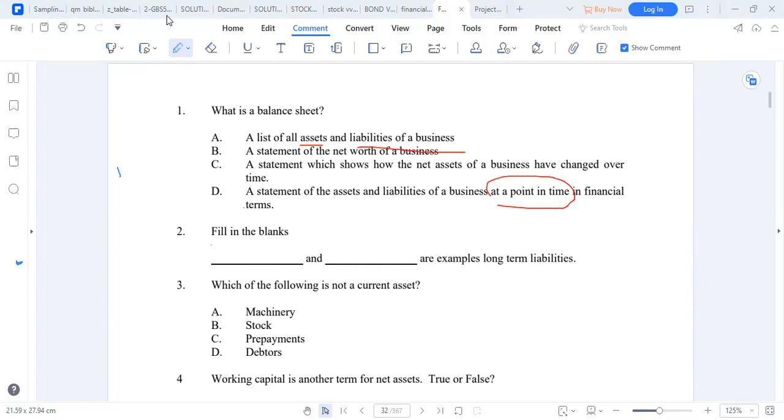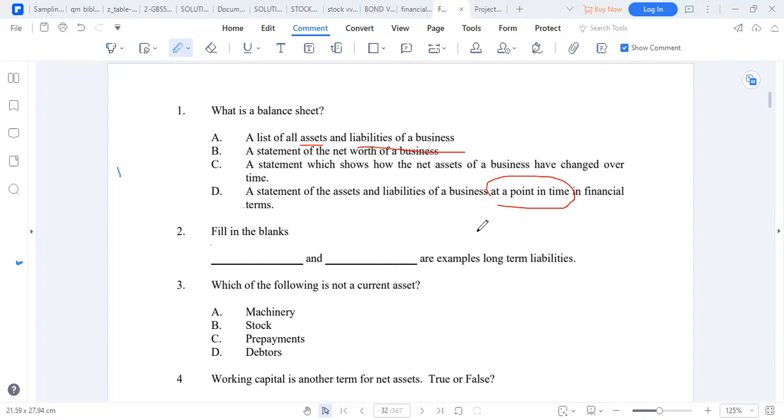Maybe loan. Okay, so what are examples of long-term?